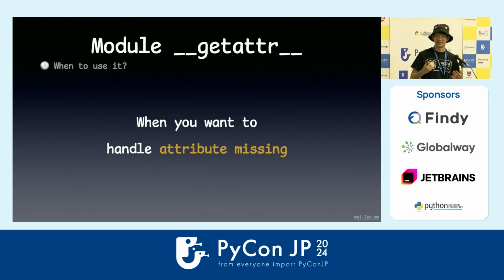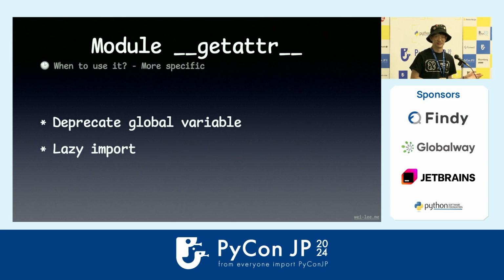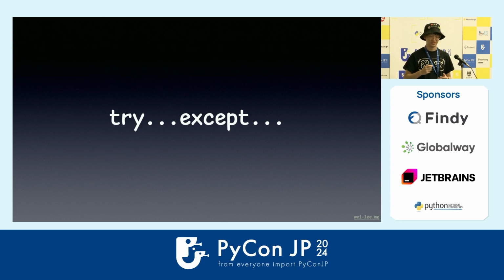So yeah, when to use this one: if you want to handle a missing attribute, and the two use cases are probably the most common, that you can deprecate a global variable and do some lazy import because some of the modules might be really heavy.